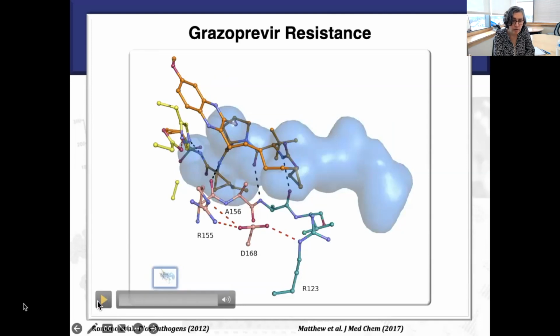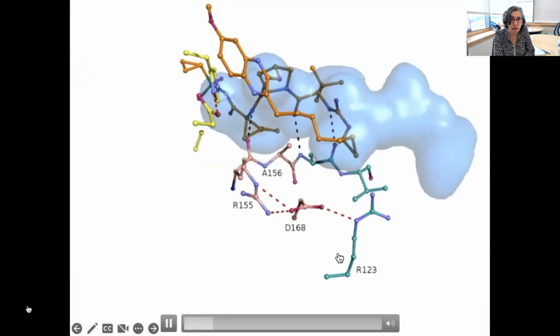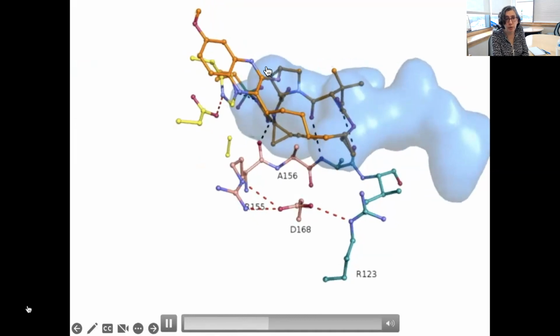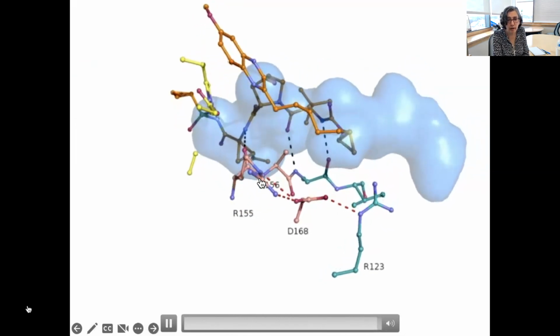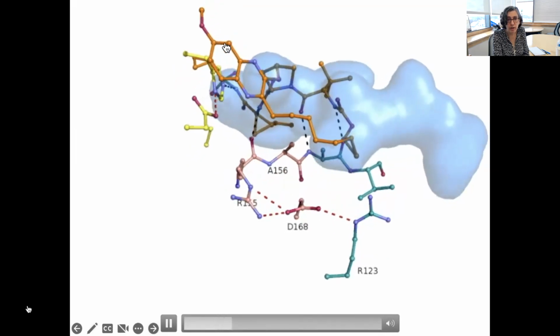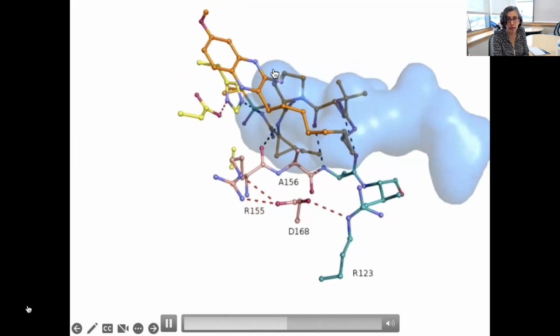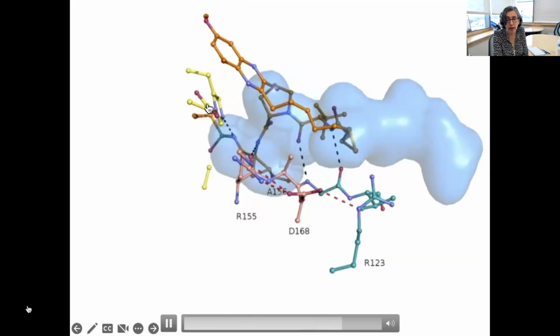Another compound, this is grazoprevir, which is one of the drugs in the Merck combination therapy. This inhibitor still sticks outside of the substrate envelope, but rather than packing on these residues, this bicyclic group packs on the catalytic triad.